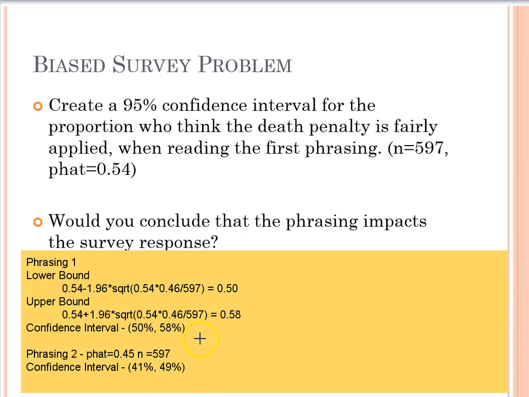And you can see that these confidence intervals don't overlap, again suggesting that the true proportion for the second phrasing is much lower than the true proportion for the first phrasing, suggesting that the way that you word questions highly impacts how people respond to them.